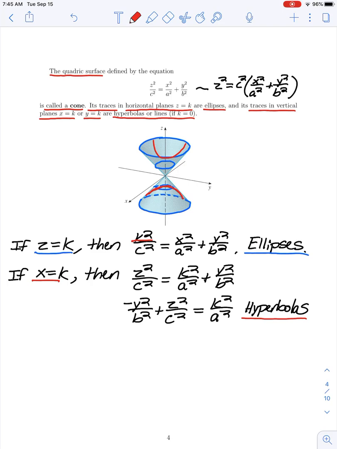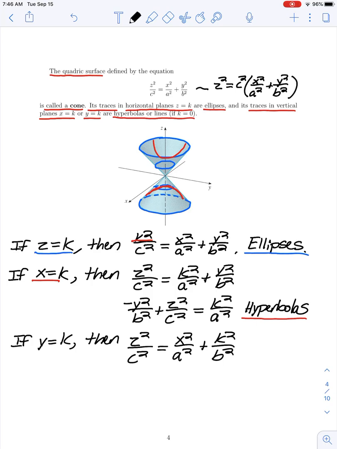And if we consider our traces in planes that are parallel to the XZ plane, say by taking a fixed value of y, so let's say, for instance, y is equal to k, then our equation is of the form z squared over c squared is equal to x squared over a squared plus k squared over b squared.